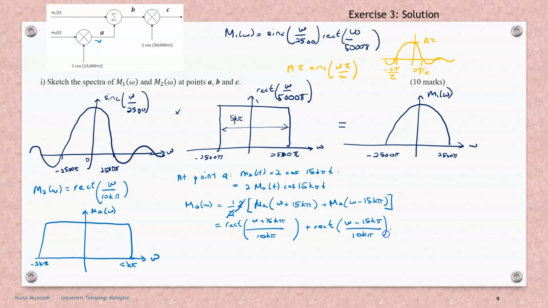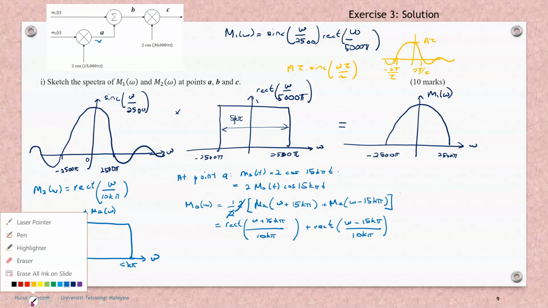We can see that the rectangle function has been shifted to the left and also to the right, and the amplitude has become half. However, because we multiply by 2 here, the amplitude will be the same. This one should be 1. So now we draw MA omega. I hope you can draw.